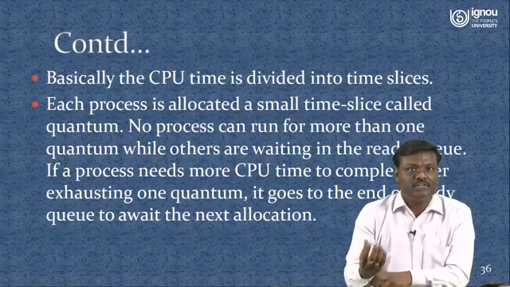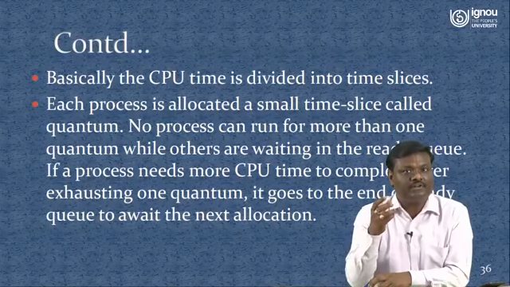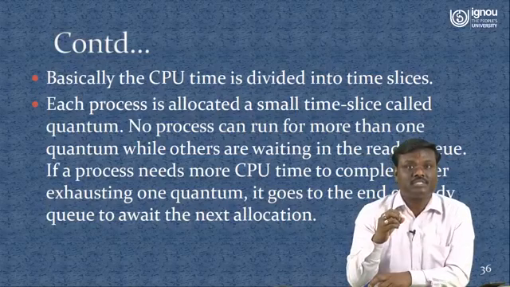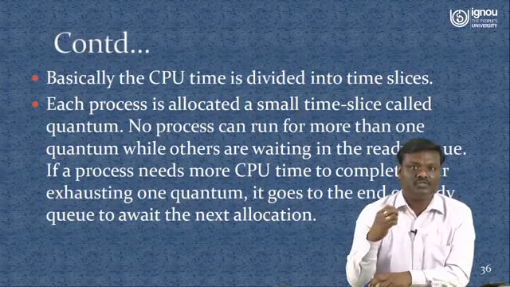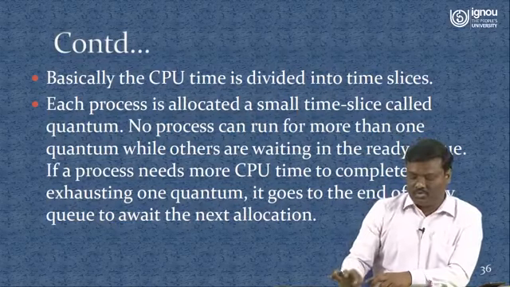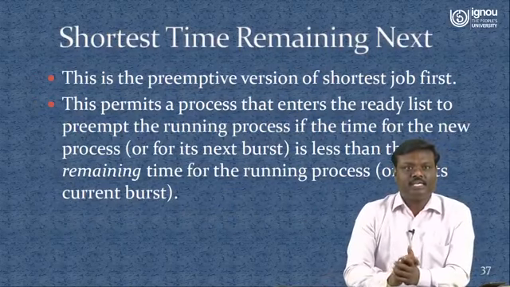Even the user cannot have an idea at any particular instance with whom the processor is working. That guess also can't be made. So every user will think that the processor is attached to his or her process only. Then comes shortest time remaining next.